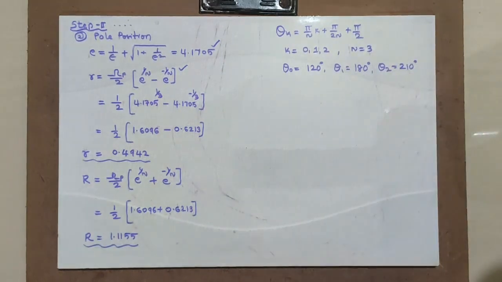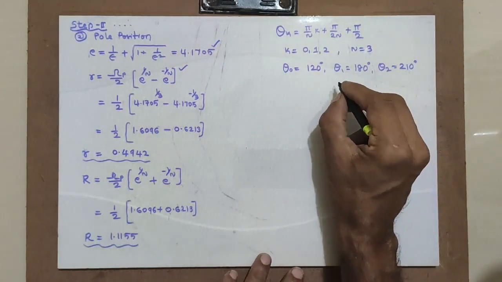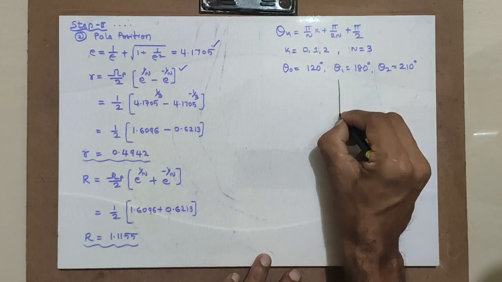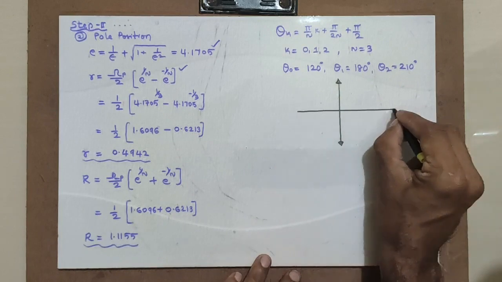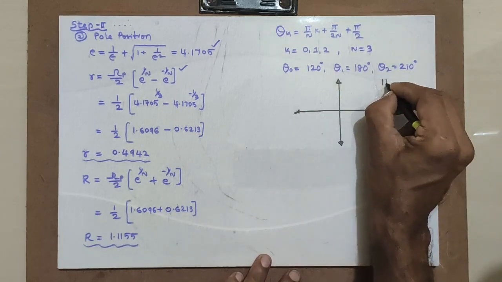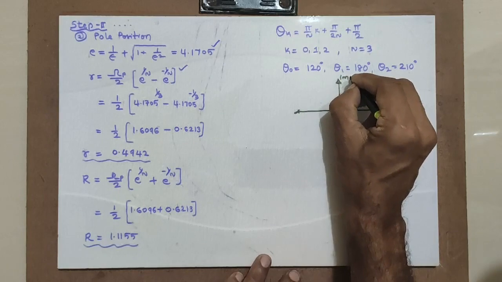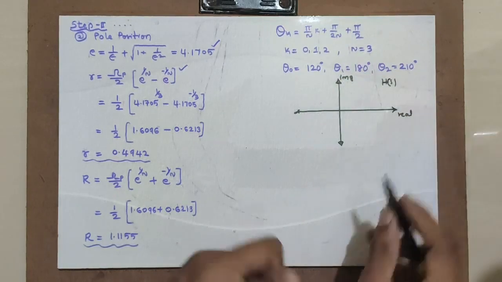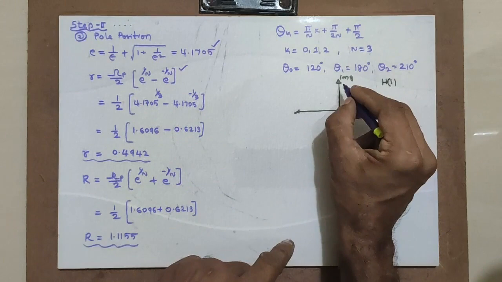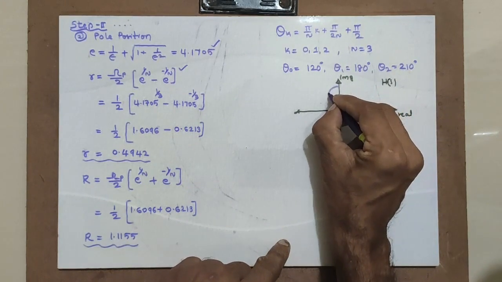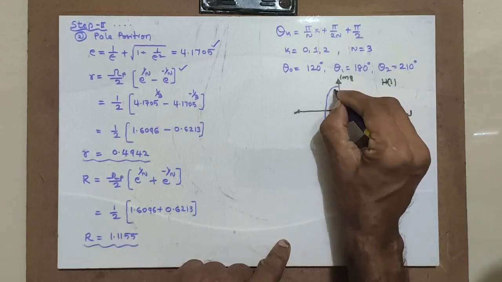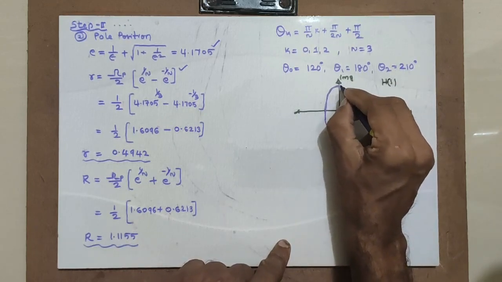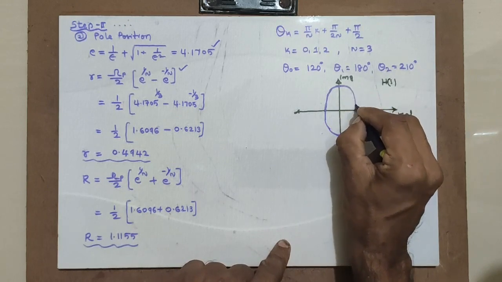Once you got this pole position, you should know how exactly to plot it. I shall plot it. This is in the s domain, normalized domain. This is the imaginary axis, this is the real axis, and I shall plot an ellipse here, not the circle. Butterworth gives a circle, whereas the Chebyshev filter gives us the elliptical shape around which the poles are positioned.